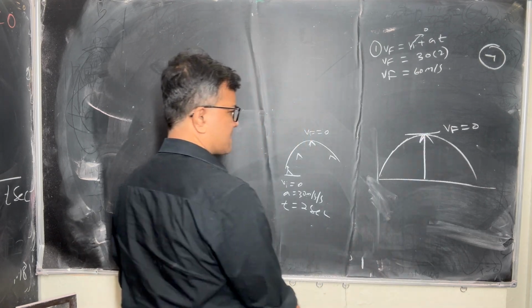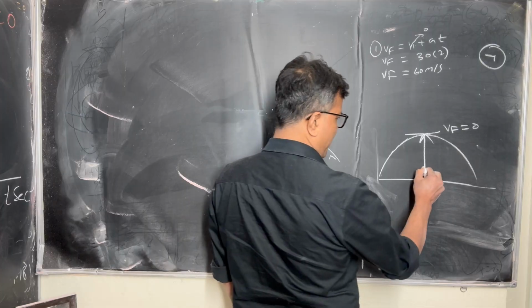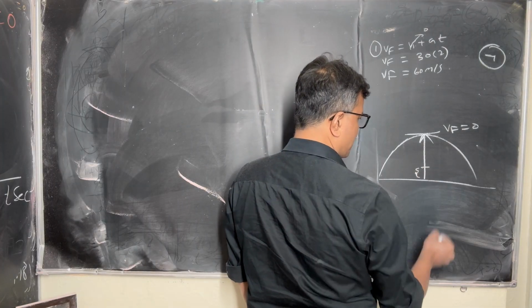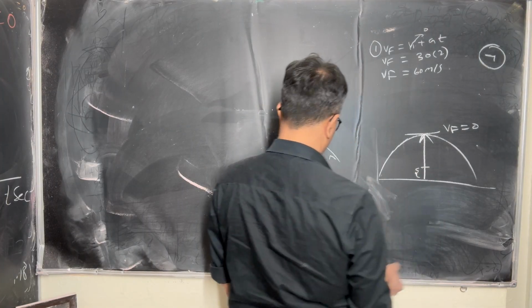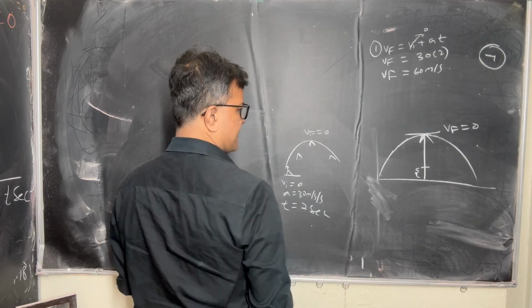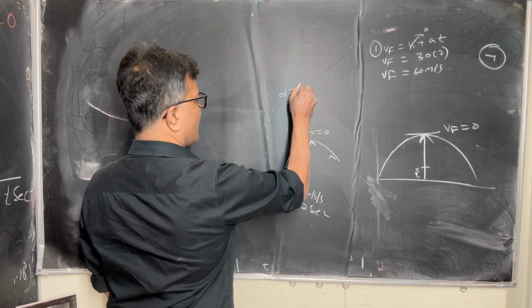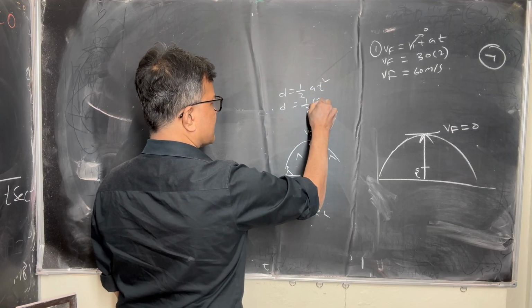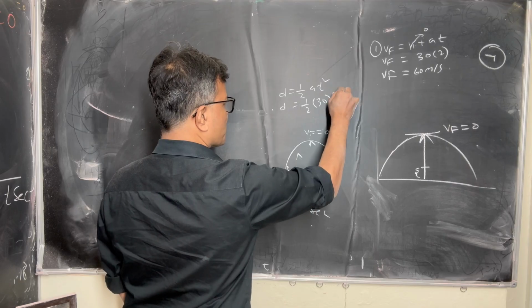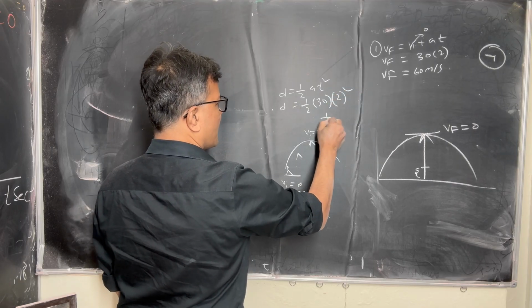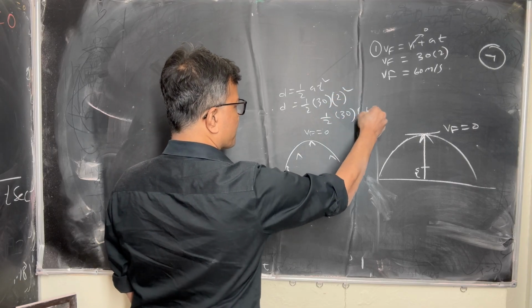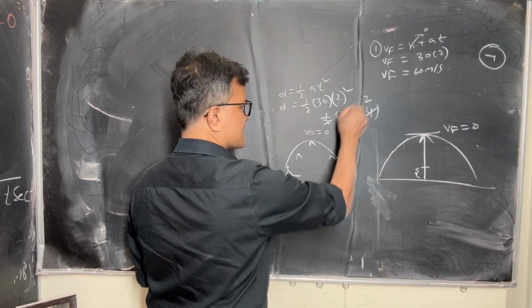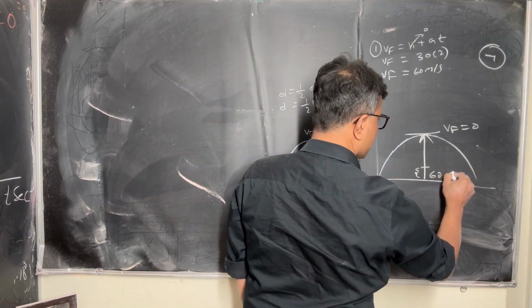What is the max height? In the first 2 seconds, how much does it cover? D is equal to half At squared, so half times 30 times 2 squared, which is 60 meters.